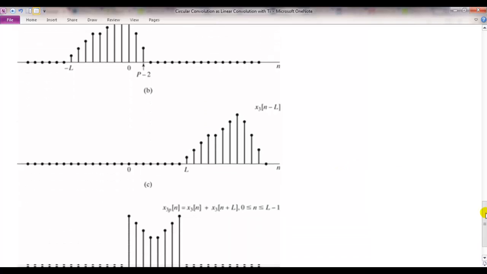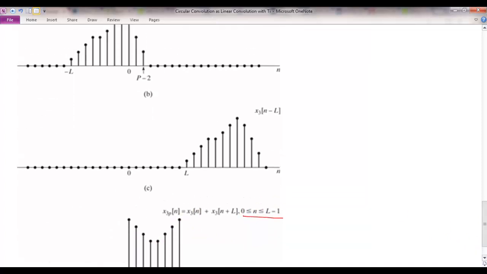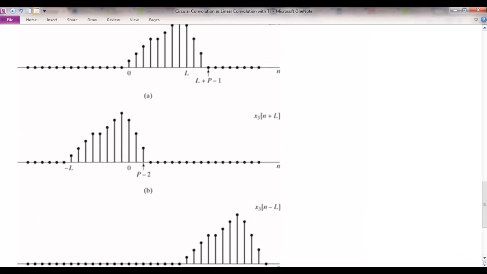And if you do that, then this is what the answer comes out to be between 0 and L minus 1. It doesn't look at all like the linear convolution, but indeed it is obtained by adding these three copies together, by aliasing of these three copies, and then looking at between 0 and L minus 1. So that's another interpretation of circular convolution, which is just an aliased version of your linear convolution.